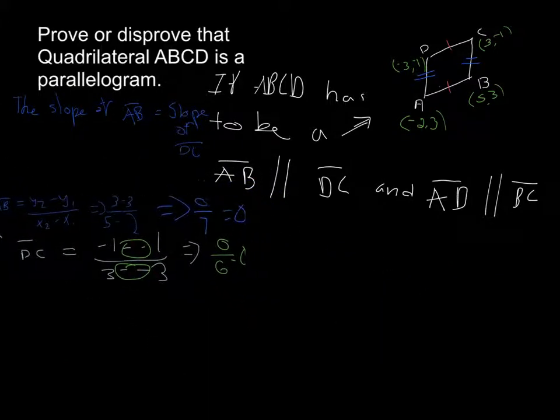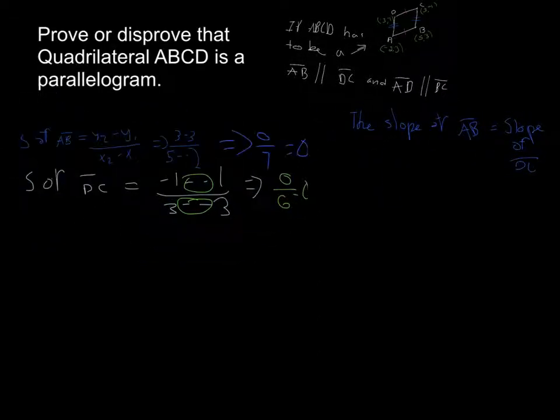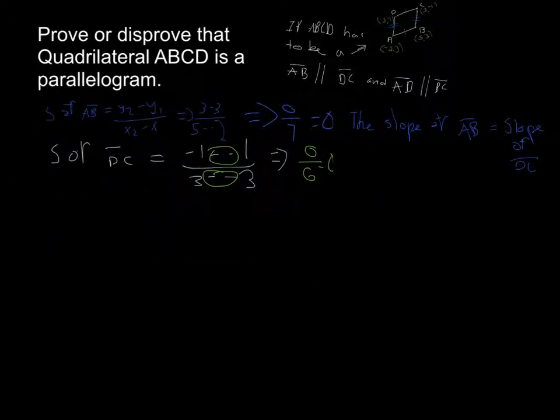I'm still leaving the values over here. Okay. So now, since these two slopes are equal, we can say that line segment AB is parallel to line segment DC, which we found out. So now we should look at the other side.